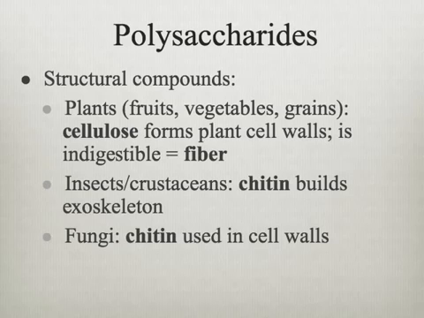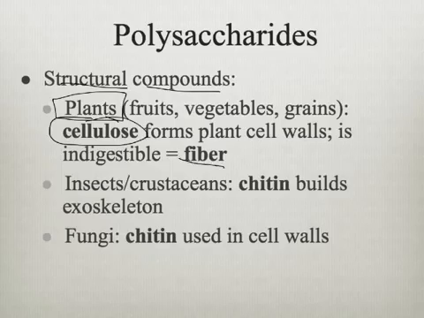The other type of polysaccharide, remember, is a structural polysaccharide. And again, there's two main examples I want you to know. So plants mainly use cellulose as their structural polysaccharide. You might have also heard this as fiber. So humans cannot digest cellulose, so you can kind of think of things like celery.